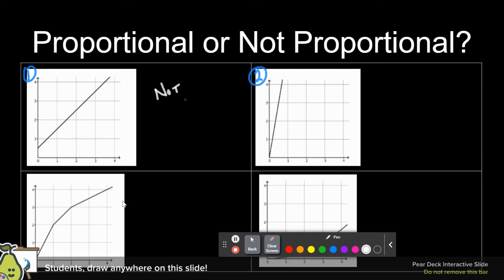Not proportional. Though it is a straight line, right? Yes, it carries one of those characteristics, but it doesn't go through the origin. So it's not proportional. This one, it is a straight line. All right, we got that. And it does go through the origin. So yes, proportional.